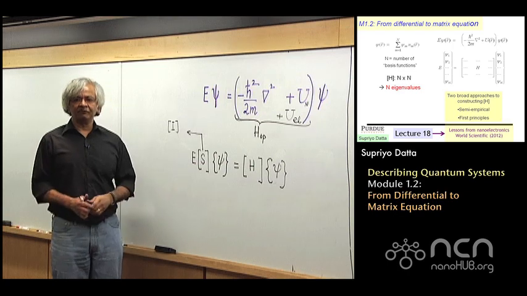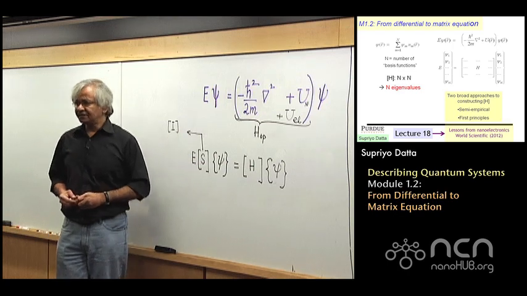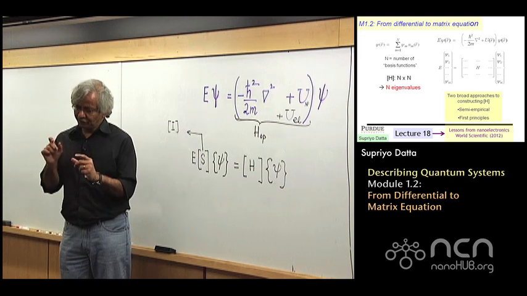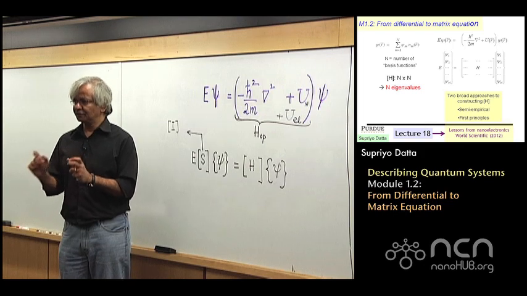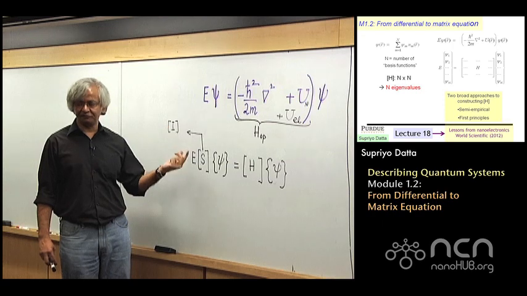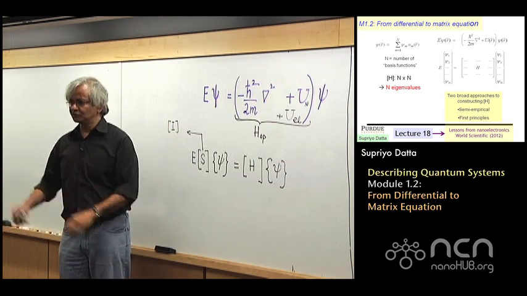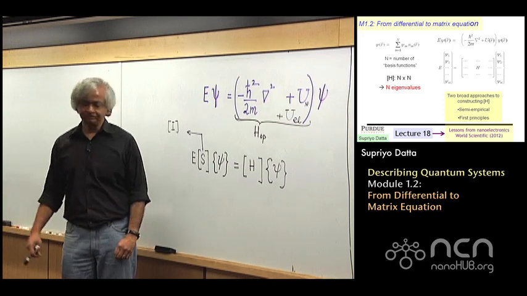And the technical name for that, assuming that S is an identity matrix, is that what you're using are orthogonal basis functions. Now again, if you haven't seen this before, right away that won't make sense, why orthogonal basis functions should have an identity matrix for S. But I won't go into it. If you're really interested, you can always Google orthogonal basis functions and you'll find out more than you want to know.